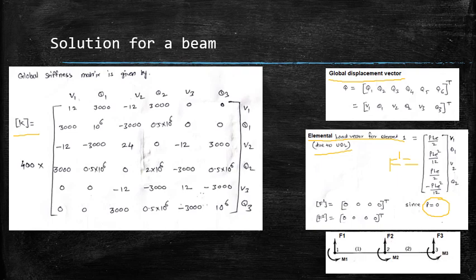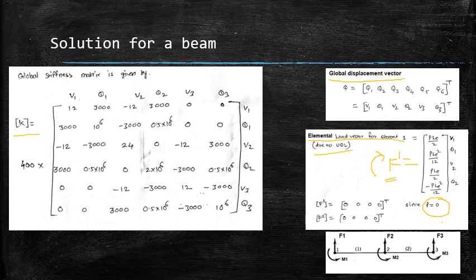You can use either F1 or any other notation. For sake of understanding, I have used this F1 notation. F1 is the elemental load vector. Many authors call this a local load vector, but elemental load vector is more correct. So these elemental load vectors, because of UDL, for element number 1 and 2 are 0.